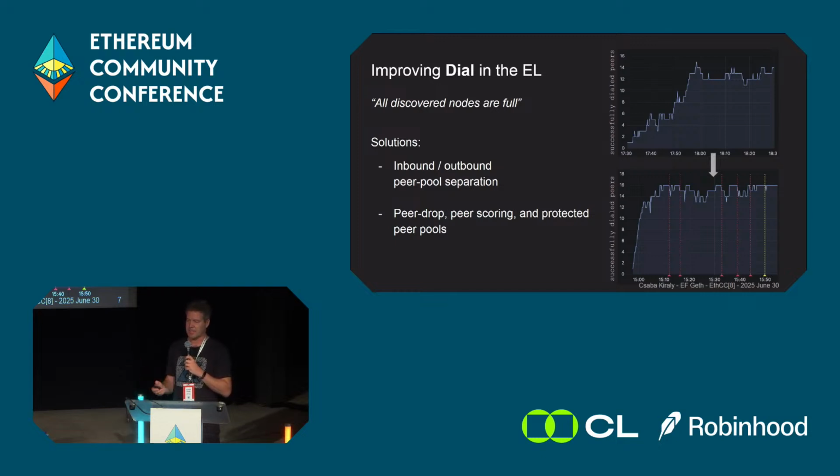That's the dial progress. And what you see on the bottom is dial progress after a few changes. So solutions here are changing how we manage the peer pool, separating inbound and outbound peer pools. It's already there in all the clients. And then we have to do things that are typical in peer-to-peer. So you have to drop peers, you have to score peers, and you need protected peer pools for the peers which are actually useful for you.